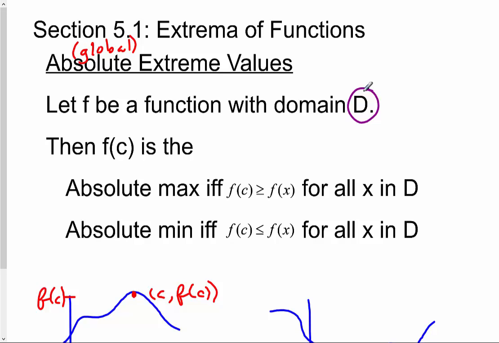And then it's an absolute min if and only if that y value is less than or equal to all the other y values for the x's in that domain. And this is pretty much what we think of when we think of minima and maxima, or the absolute highest and the absolute lowest. What we have to pay attention to is that we stay within the domain.